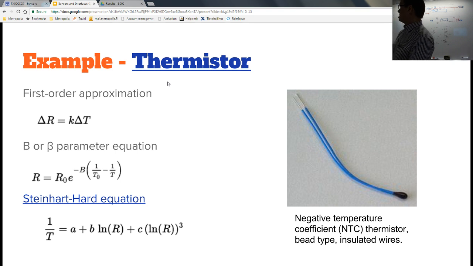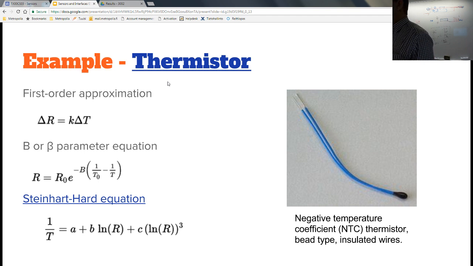So for a certain change in temperature, the resistor changes a certain amount. And the K is basically just the calibration coefficient, one single coefficient. And negative meaning that K is negative. So for a positive temperature change, the resistance goes down.